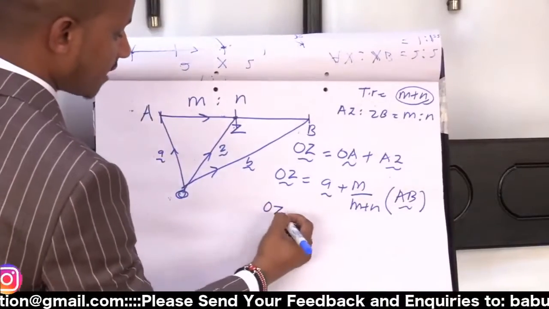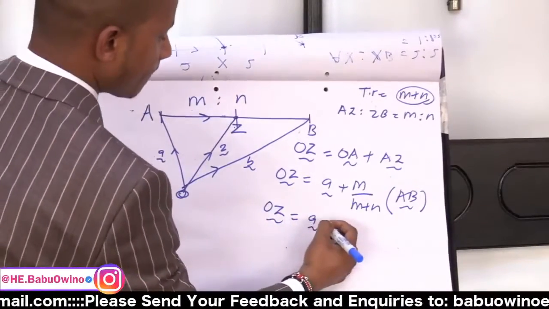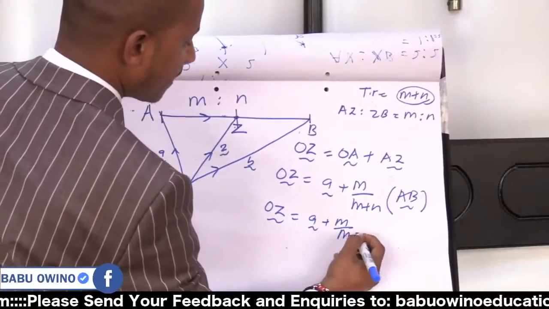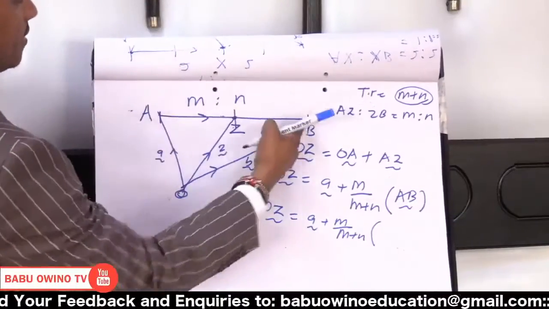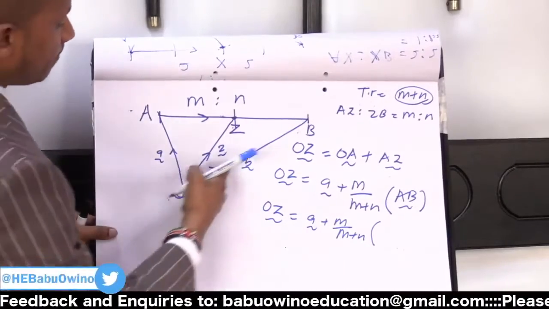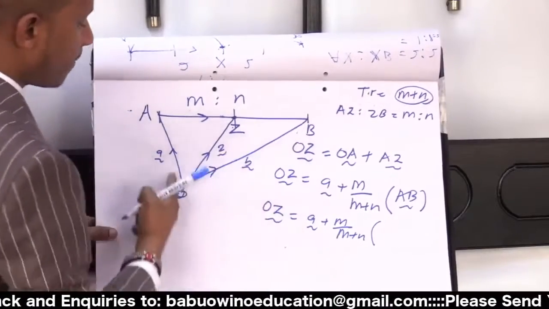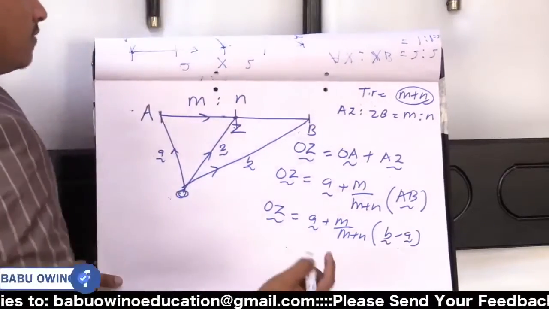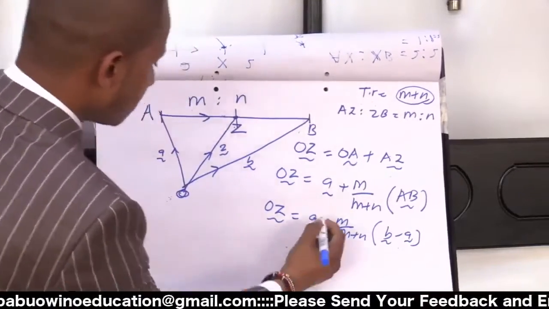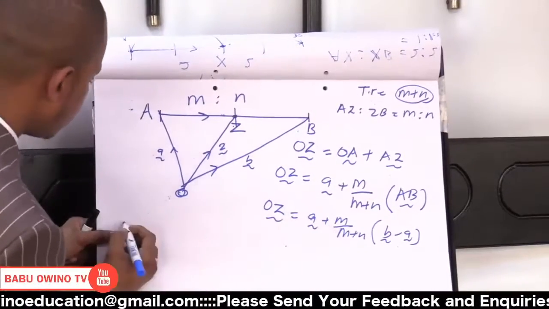Therefore, OZ equals A plus M over M plus N of AB, and AB means B minus A. Then open this bracket and simplify.